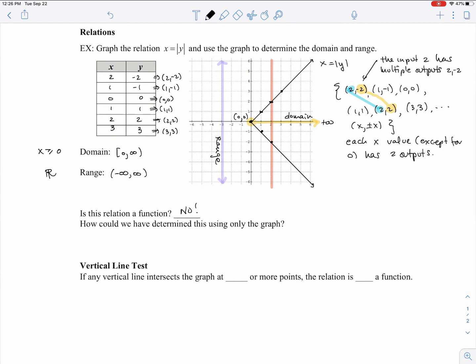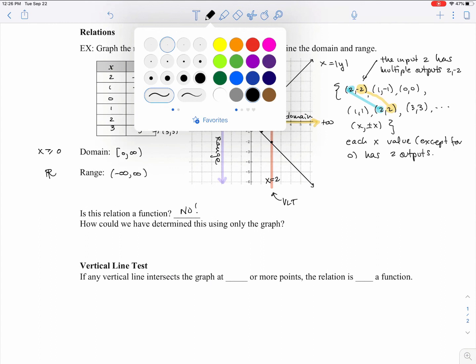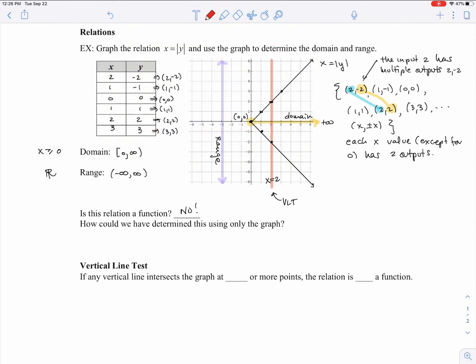Each vertical line that you draw, if you recall, is the equation x equals a constant, or in this case, x equals 2. When we draw the vertical line x equals 2, it corresponds to more than one y value, negative 2 and positive 2.